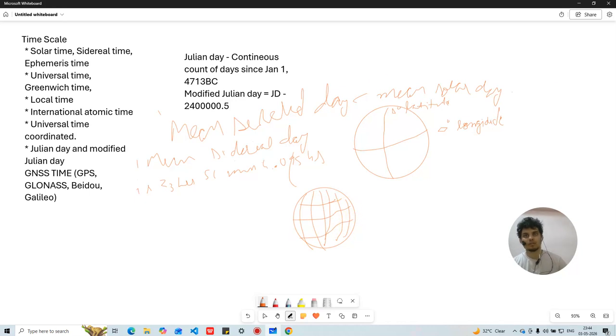Prime meridian at 0 degrees. One time zone is equal to 15 degrees.